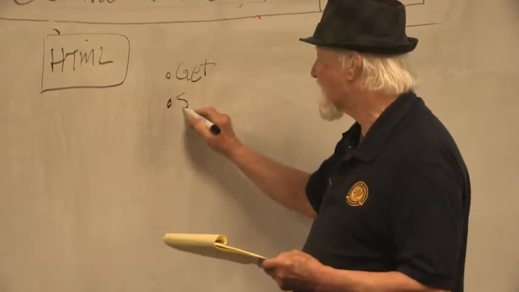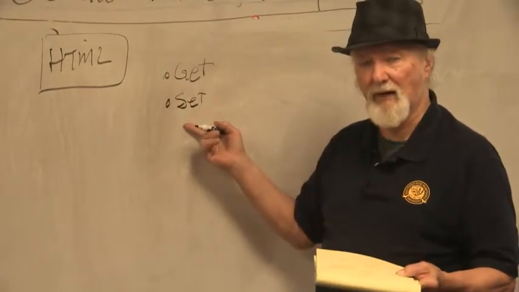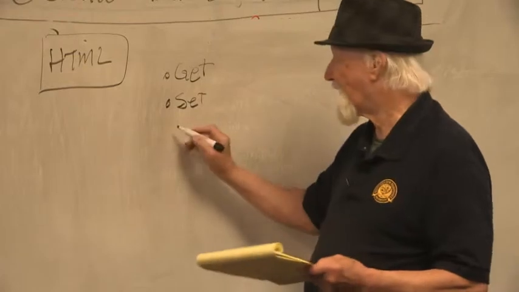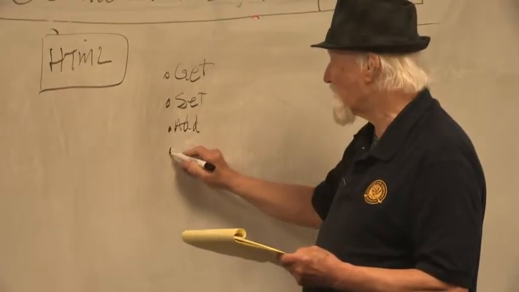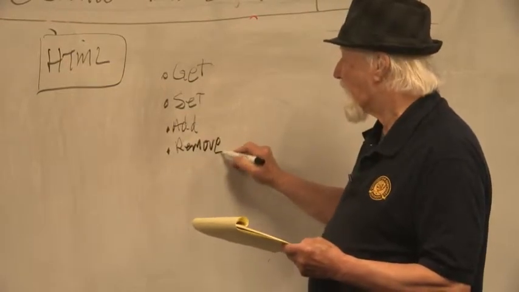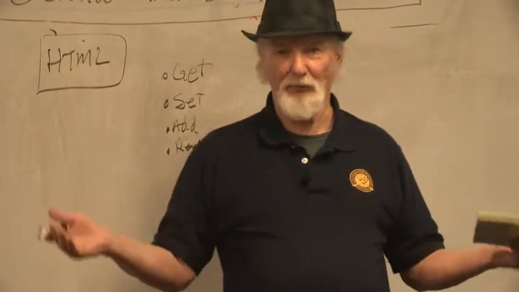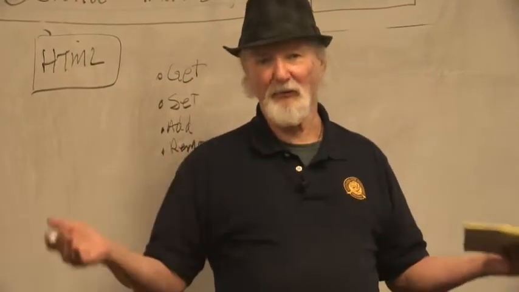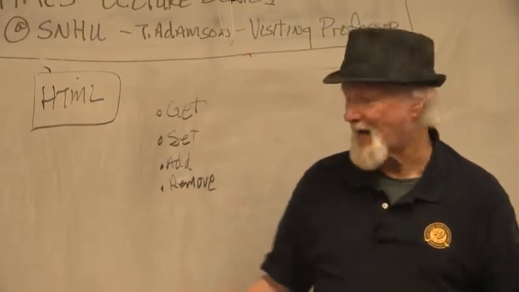It can set any HTML element, in other words, effectively construct a web page while you're looking at the web page. It can add elements. It can remove elements. As a matter of fact, you go to some websites and it'll allow you to create your own website, and you're doing it through a browser. What do you think they're using? They're using jQuery to make that happen.